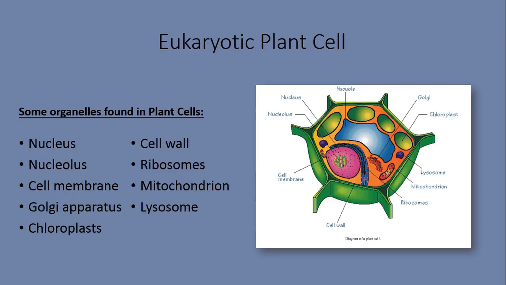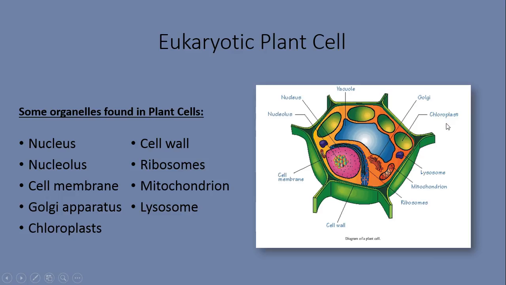Now here is an example of a eukaryotic plant cell. Within this cell, it has a lot of the same structures that a eukaryotic animal cell has, but it has a few things that an animal cell would not have. One of those things is the chloroplast. If you look at the image and look at these large green areas, this is a representation of the chloroplast.